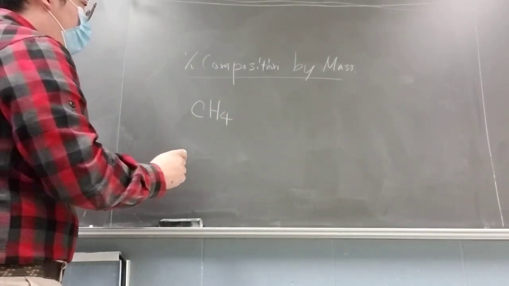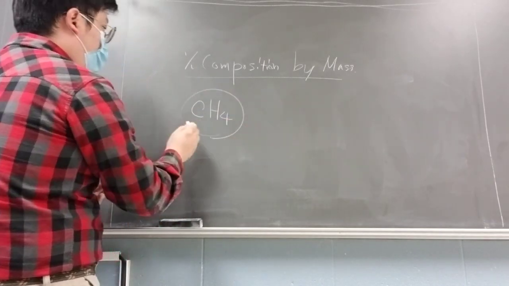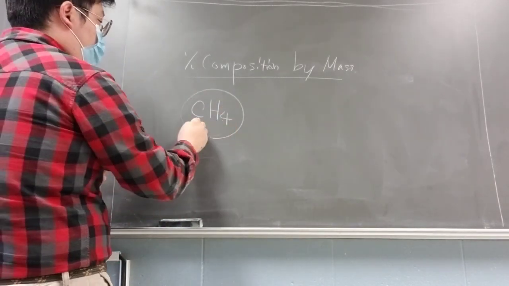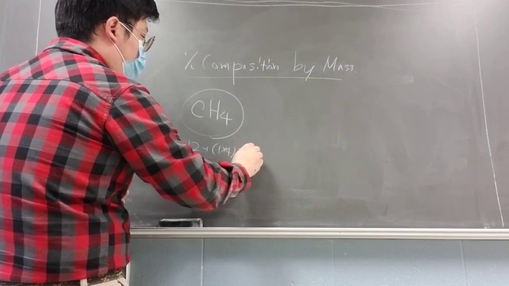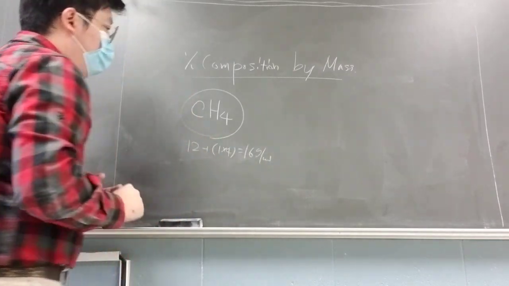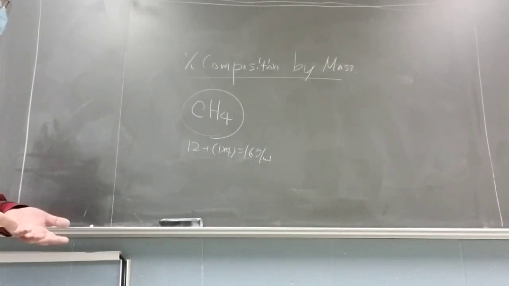The only thing you have to do is get the molecular weight of the whole compound, which is 12 plus 1 times 4. It makes 16 grams per mole. So you have 16 grams per mole as the actual molecular weight.